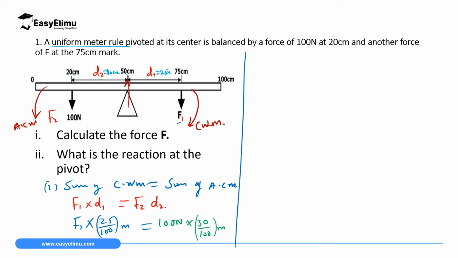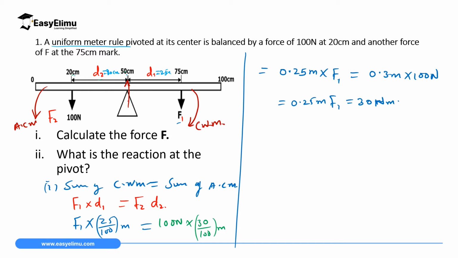Then in this case, we will have our clockwise moment, 0.25 meter times F1, which is the same as the anticlockwise moment, 0.3 meter times 100 Newton. Multiplying 0.3 times 100 gives us 30 Newton meter.